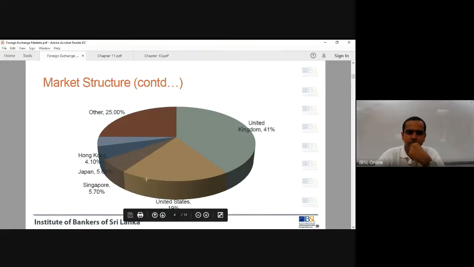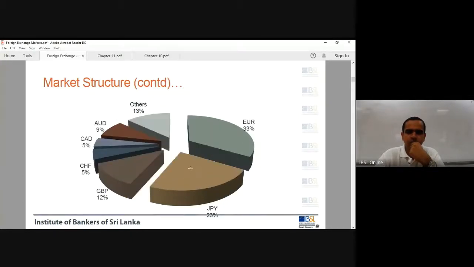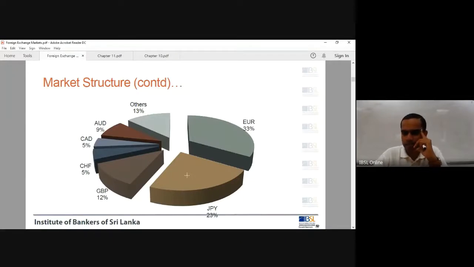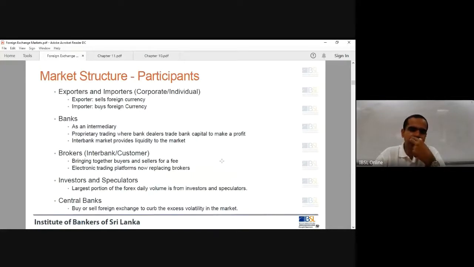Singapore is also quite large. And these are the major currencies, the G7s basically. Almost 90% of transactions happen in the G7s. So the euro, the yen, sterling, all those are part of G7s.